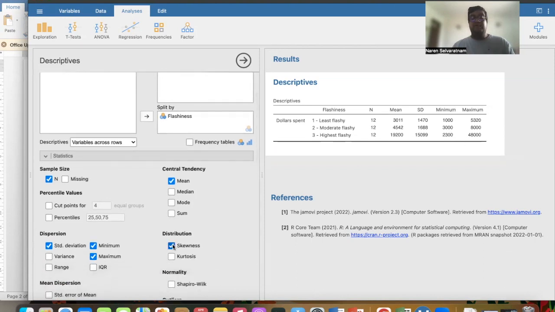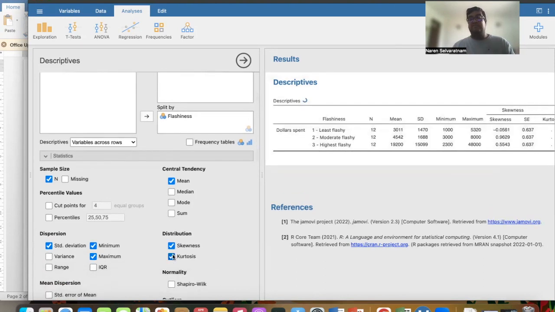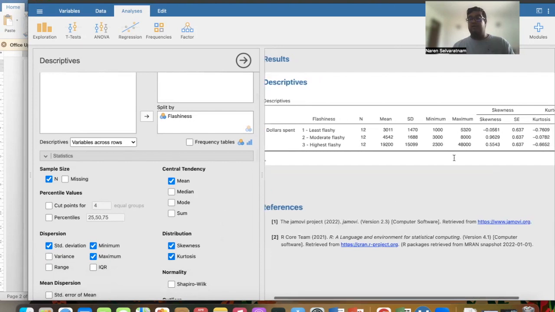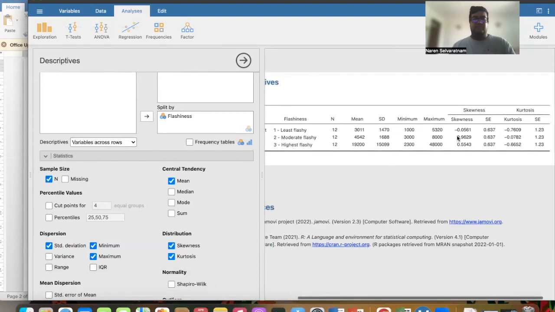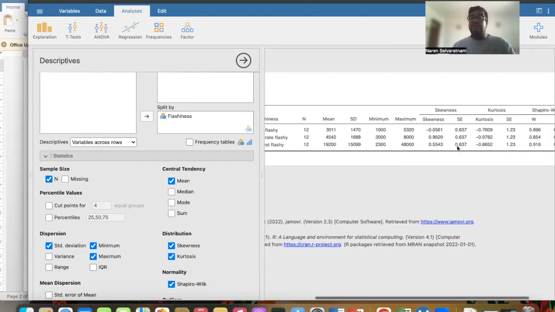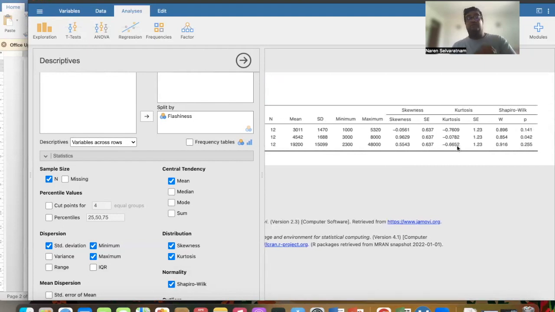Here I am going to get skewness and kurtosis because I need those right now. It gives the skewness and kurtosis with the standard error as well. That is not really needed, but that's okay. And I'm going to get Shapiro-Wilk so that I can further check whether it is statistically significant. If it is statistically significant, then it violates normality.